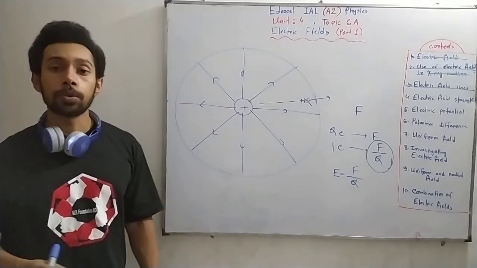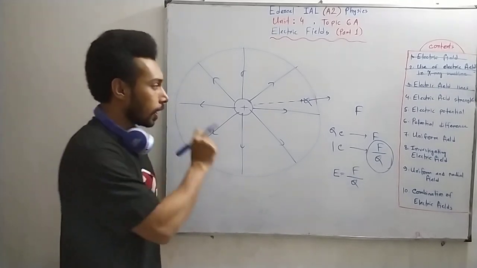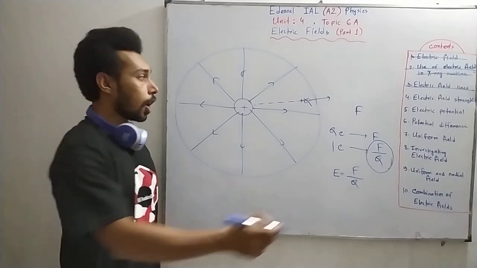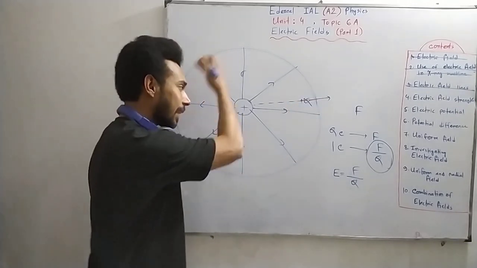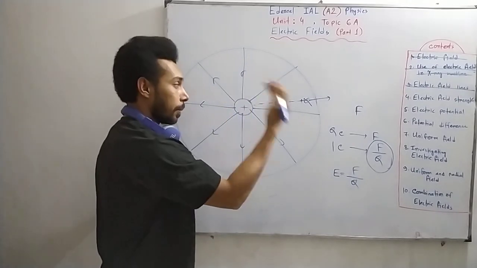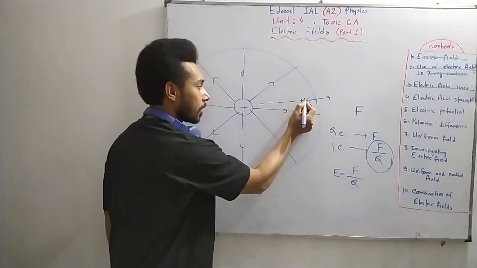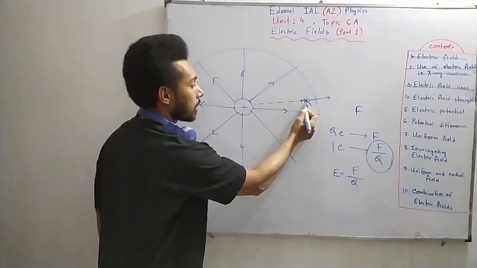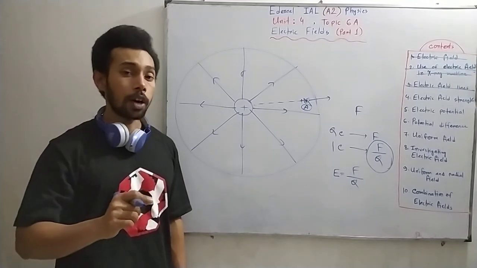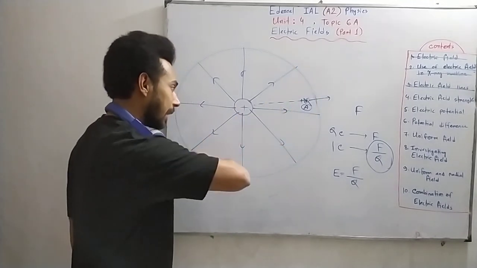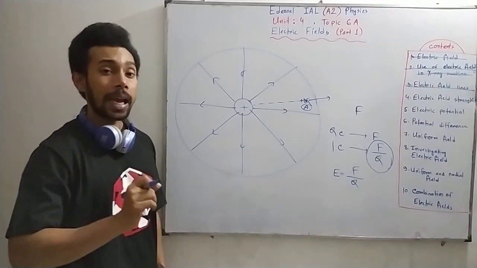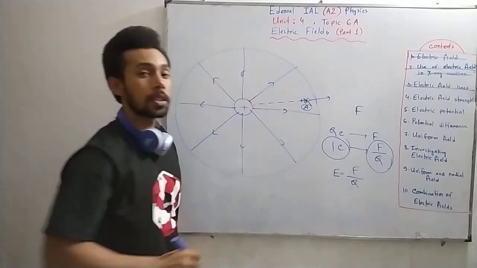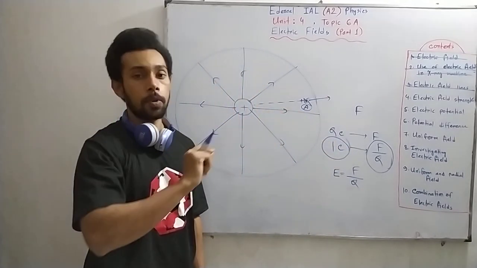So now we are going to define electric field strength. Okay, listen. Electric field strength of a particular point in an electric field, I'm again repeating, suppose we are considering this point as A, is defined as the force experienced by unit charge at that point.